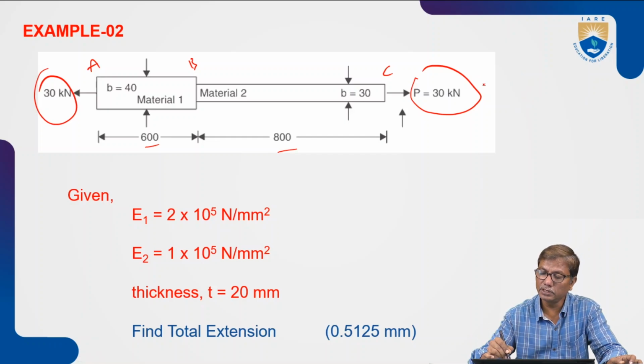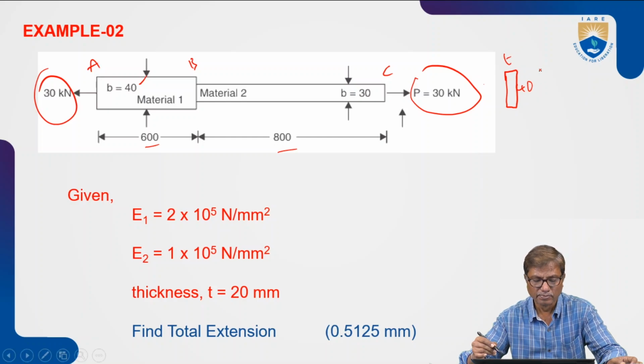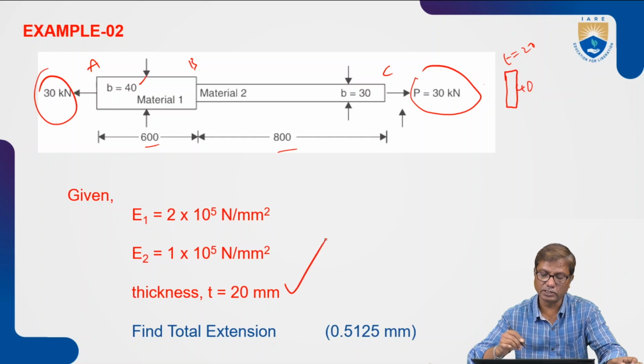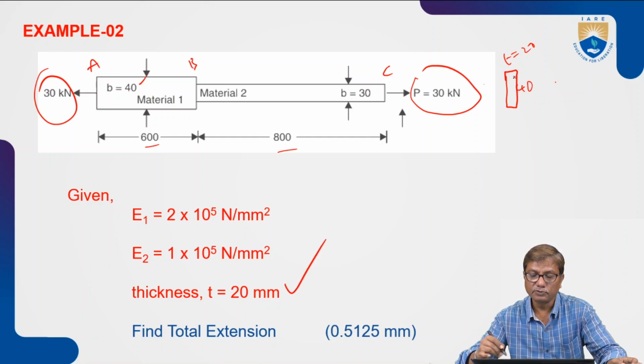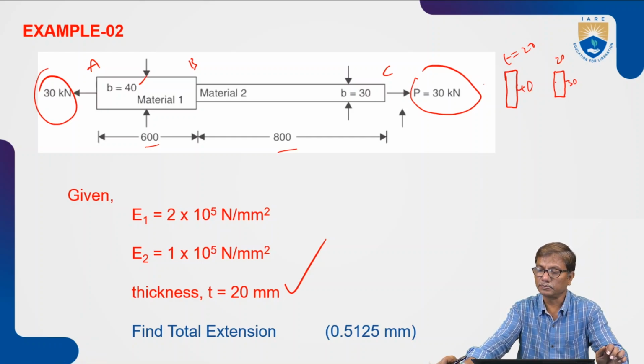For portion AB, the width is 40 mm and let T be the thickness, which is given as 20 mm. And for portion BC, the width is 30 and thickness is 20. Thickness is same.